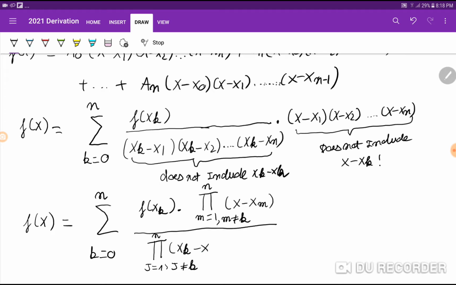Oh shoot, it's not 1, it actually starts from 0, sorry. It actually starts from 0. Sorry guys, it's not k. Okay, so here is the formula for the Lagrange interpolation.